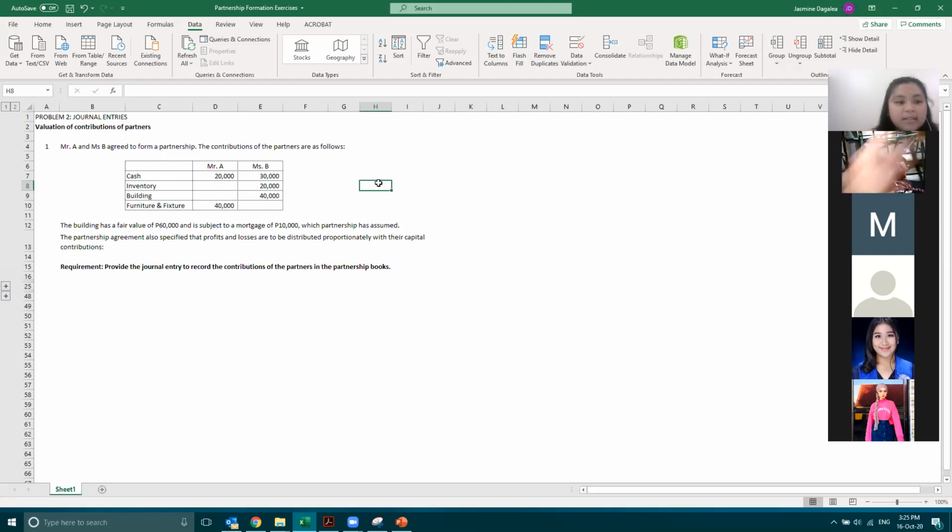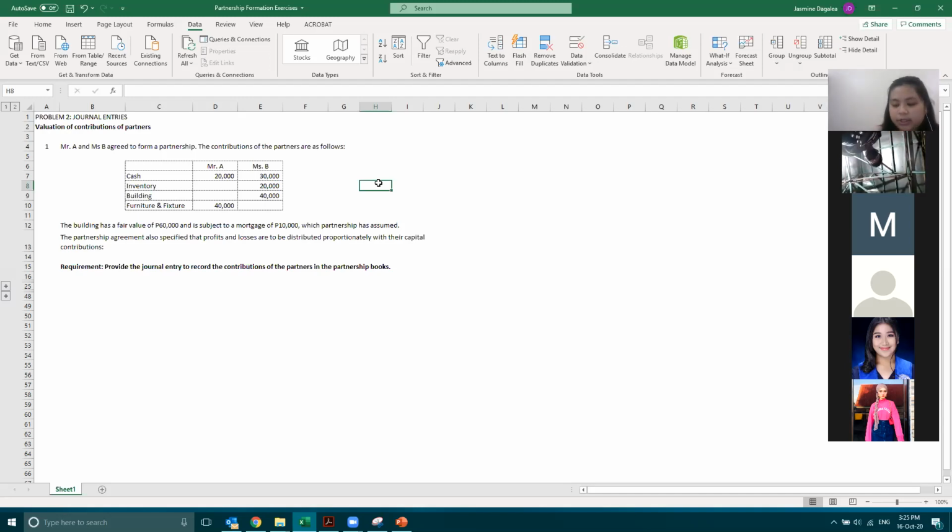The building has a fair value of 60,000 and is subject to a mortgage of 10,000, which the partnership has assumed. The partnership agreement also specifies that profits and losses are to be distributed proportionately with their capital contributions. The requirement: provide the journal entry to record the contributions of the partners in the partnership books.